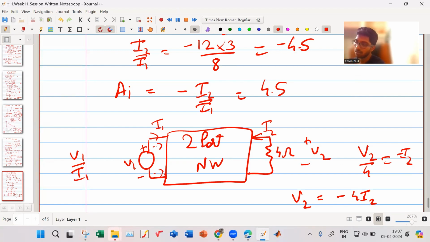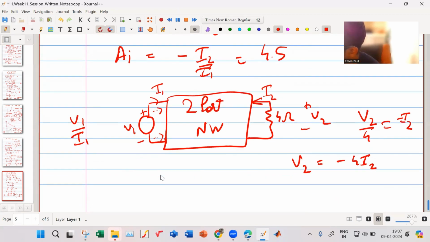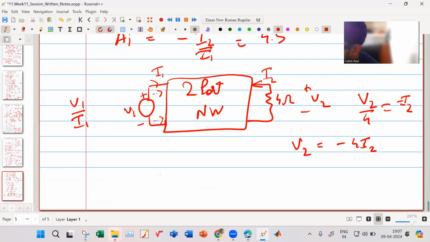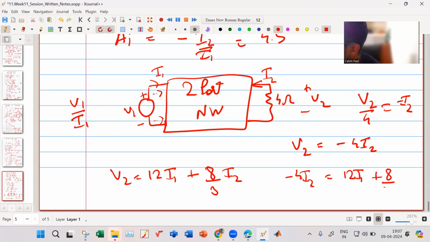So we know, where's my gain? V2 is equal to 12 I1 plus 8 by 3 I2. Right? Now I got to know that V2 is actually equal to minus 4I2 is equal to 12I1 plus 8 by 3 I2. Okay.